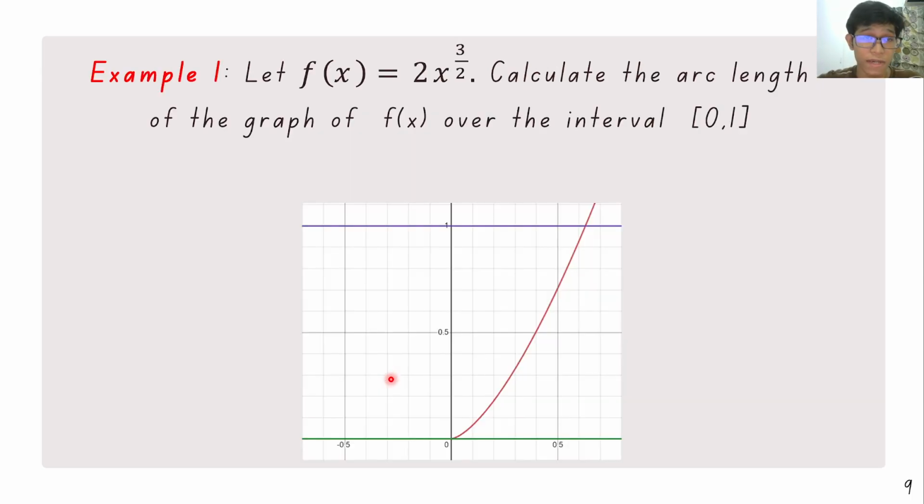Now let's move on to the example so that you can understand the formula better. The first one is f(x) equals 2x to the power of 3 over 2.